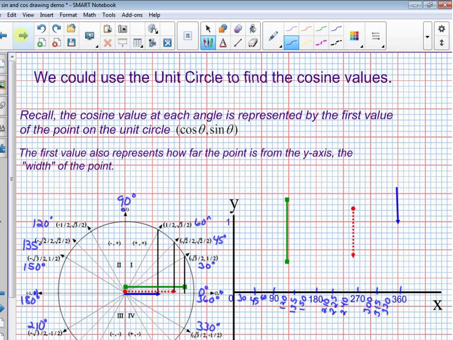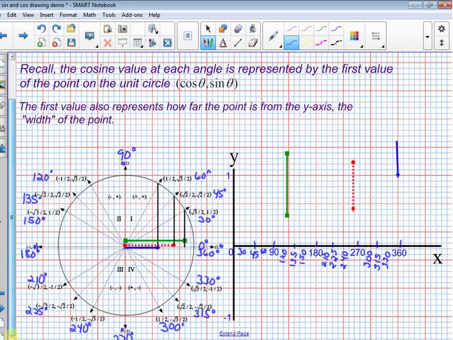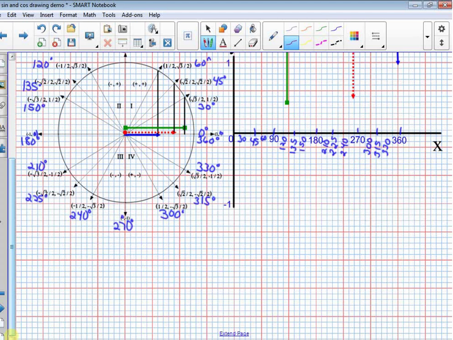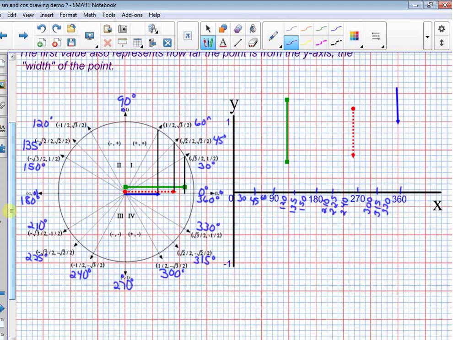And we're going to do the same thing with cosine. Okay, so if you need to pause and put those values in again, go ahead and do that. So sine's a little bit easier to do just because they're the y-coordinates and they're already going vertically. Now I'm looking at the x-coordinates.